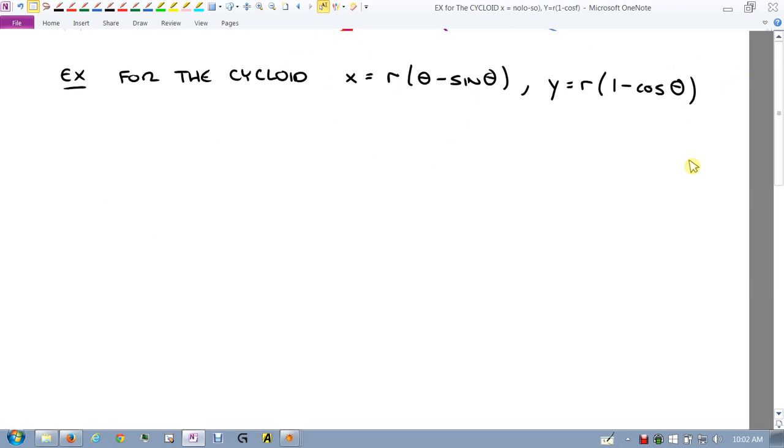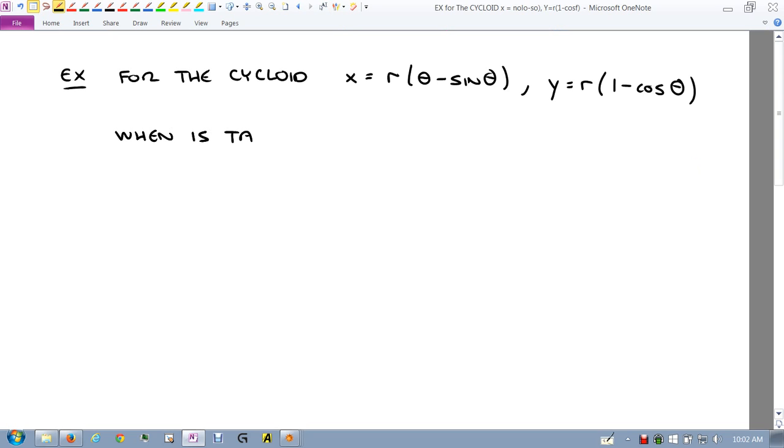Whoa. When is the tangent horizontal, and then how about vertical?